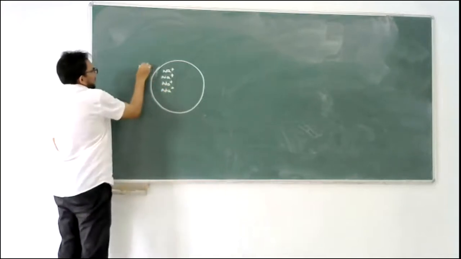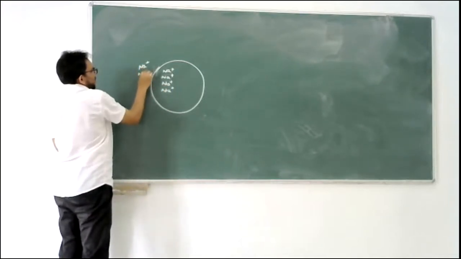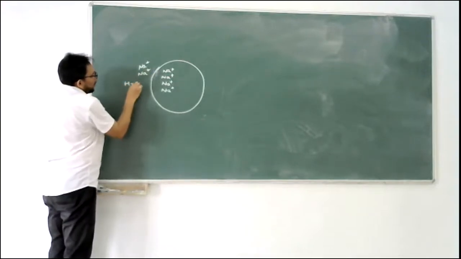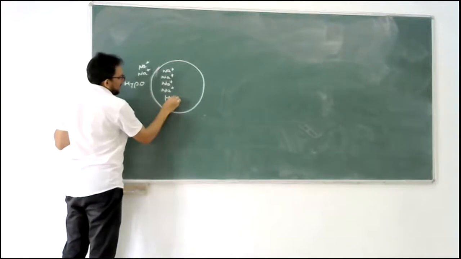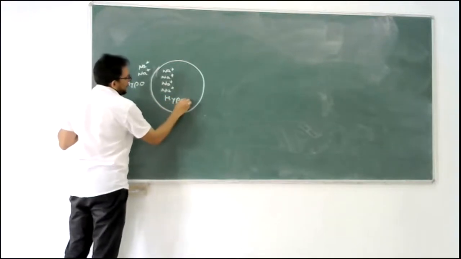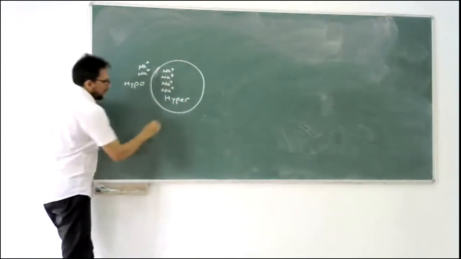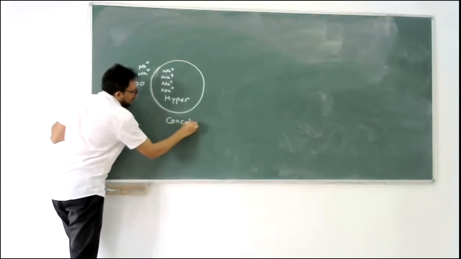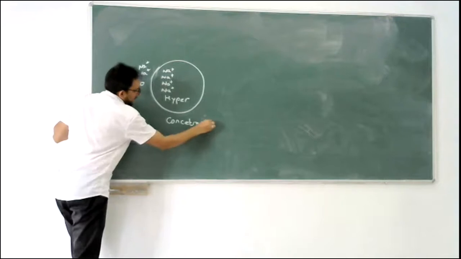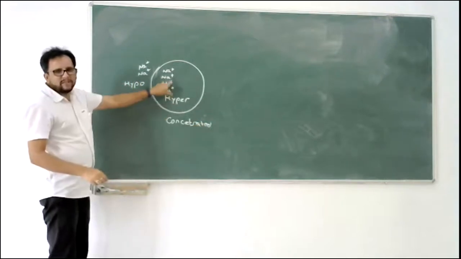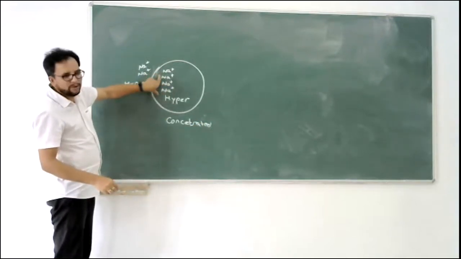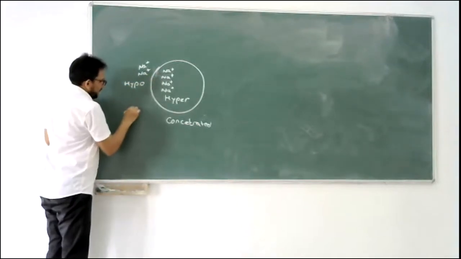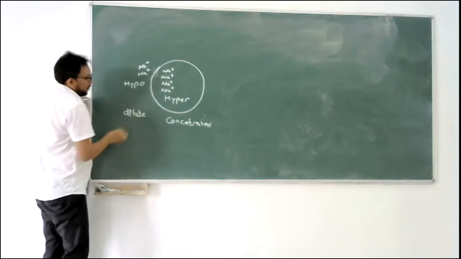And outside the cell, it is hypotonic, right? Now I will just write hypo outside and hyper inside so that you will understand what I am referring to. Inside the cell is concentrated solution because solute is high. Outside the cell it is dilute solution.